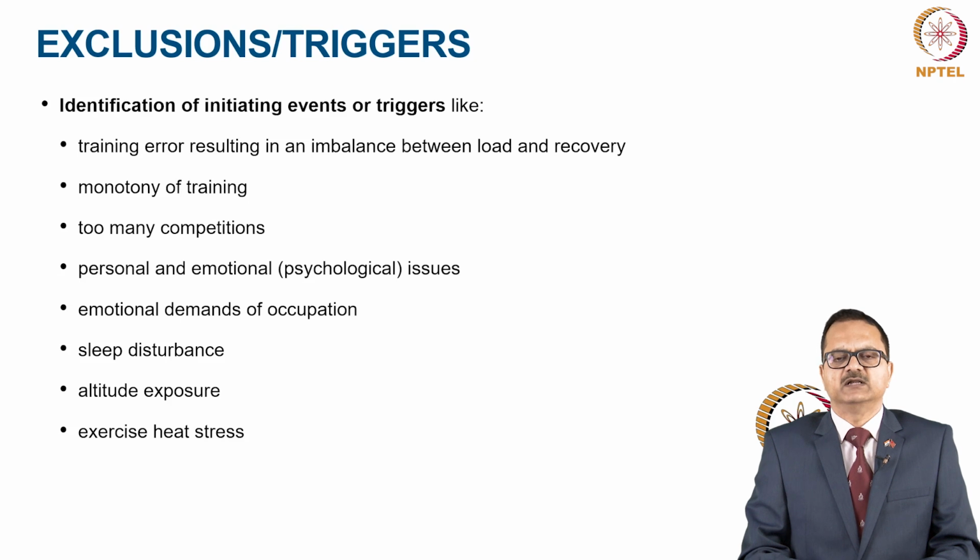You will also have to identify inciting triggers or events such as training errors due to an imbalance between load and recovery, monotony of training, too many competitions, psychological issues, emotional demands of the occupation, sleep disturbances, altitude exposure, and any exercise or heat stress. Please note, you will have to identify these triggers at the time when the performance decline started, and also identify whether these triggers continue even today.